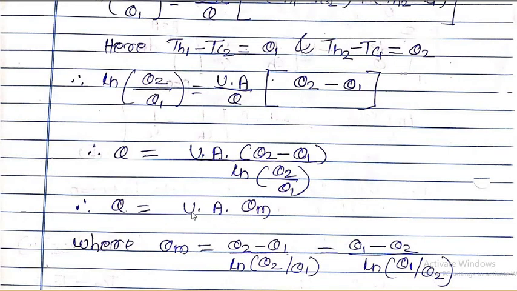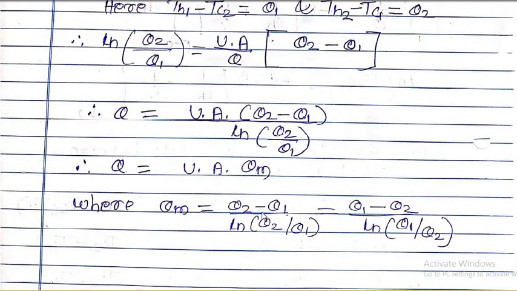If you compare the two equations, u is as it is, a is as it is, then this particular term, theta 2 minus theta 1 divided by ln of theta 2 divided by theta 1, is nothing but theta suffix m, which is called the logarithmic mean temperature difference for the counter flow.